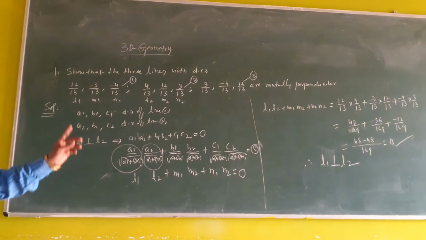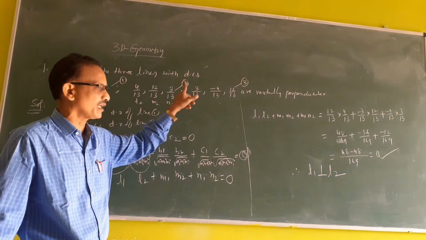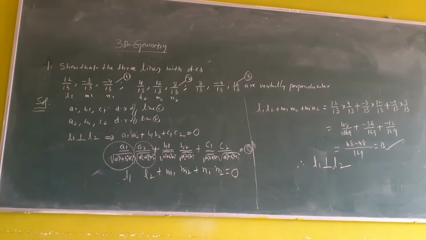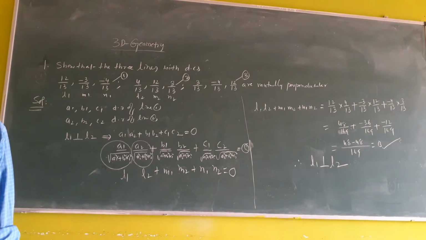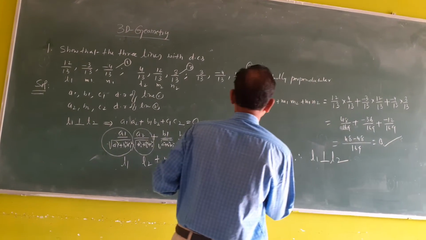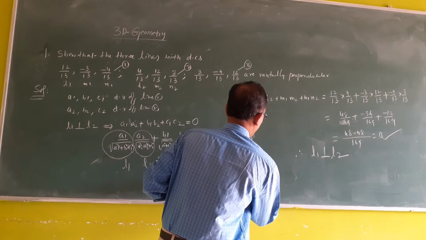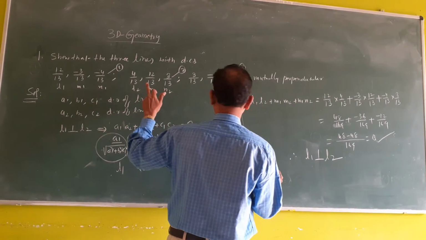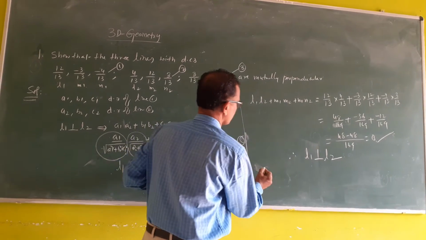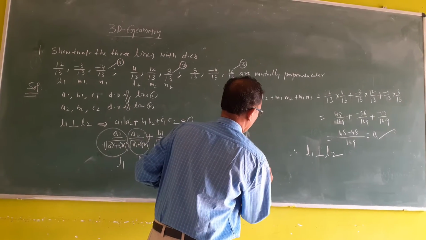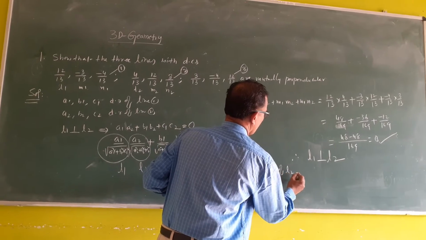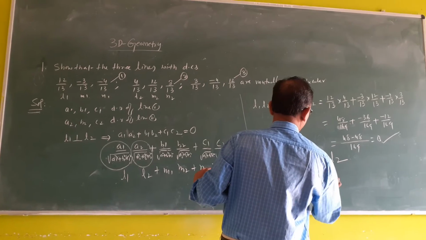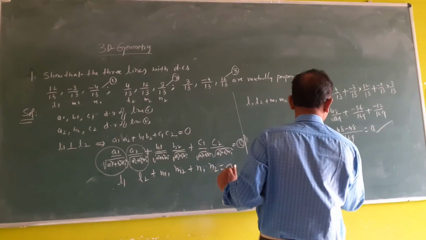In the same way, we can check line 2 direction cosines with line 3 direction cosines. Right, line 3, we can check. So direction cosines of line L2 are 4 by 13, 12 by 13, 3 by 13.